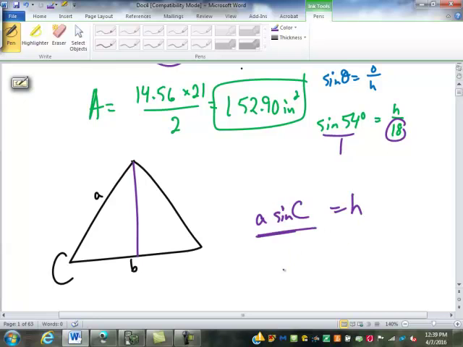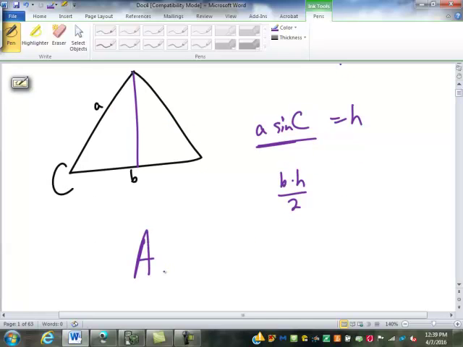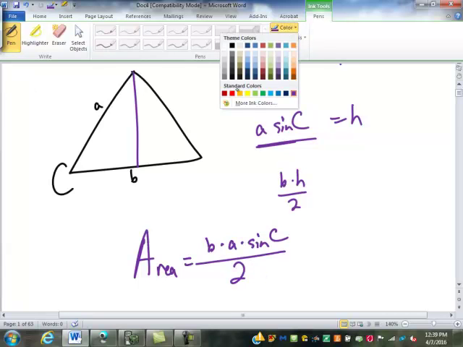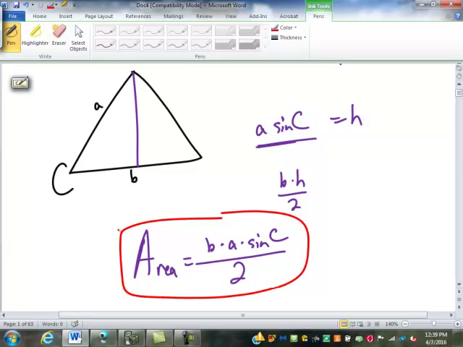So rather than doing base times height divided by 2, we can simply do this. The area of that triangle is equal to the base, which is B, times the height, which is going to be A times the sine of C, over 2. So whenever we have two sides and the angle in between them, the area of the triangle is A times B times the sine of C, the angle in between them, divided by 2.